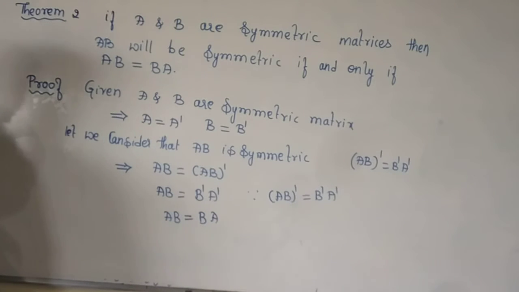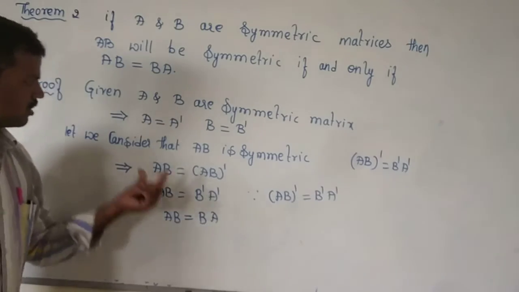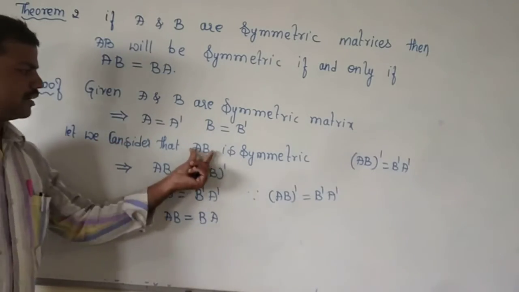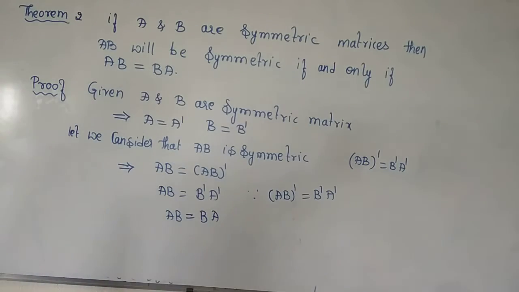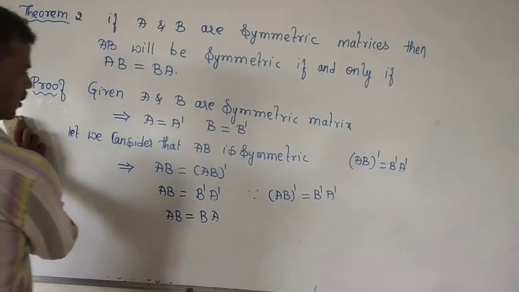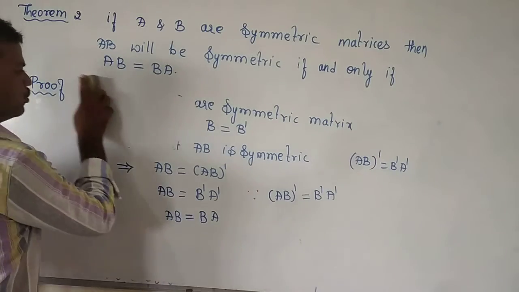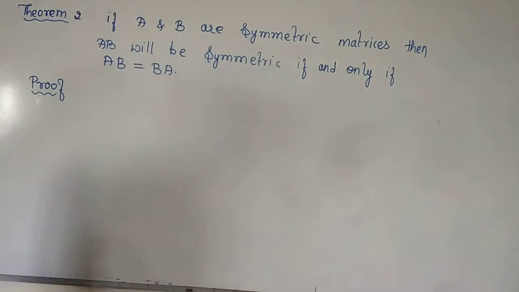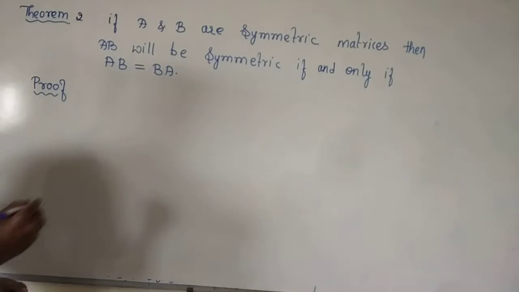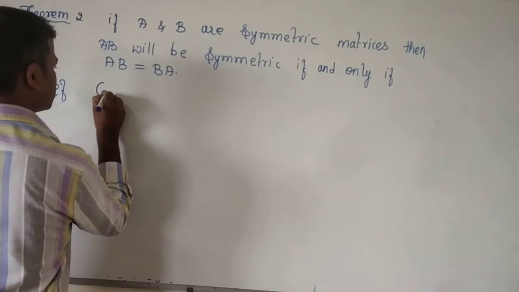So conversely, what do I have to show? I have to show that A into B is symmetric. So that we have to show. This is the converse part of this.